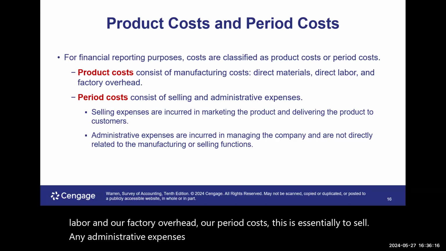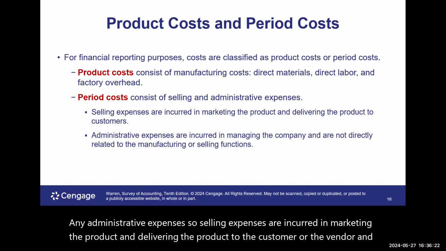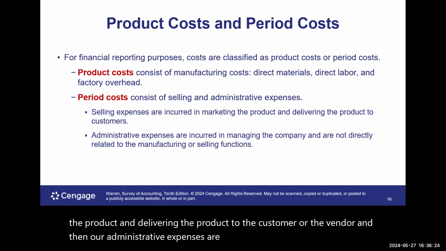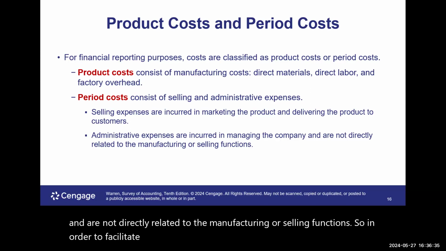Selling expenses are incurred in marketing the product and delivering the product to the customer or the vendor. And our administrative expenses are incurred in managing the company and are not directly related to the manufacturing or selling functions. So in order to facilitate control, selling and administrative expenses may be reported by the level of responsibility.